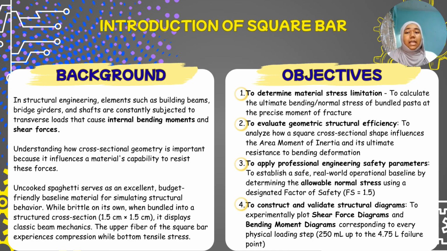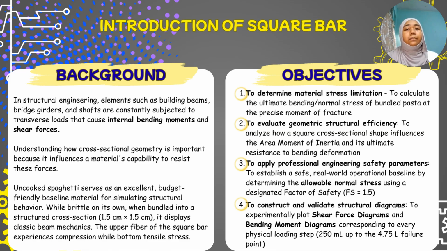This uncooked spaghetti serves as an excellent, budget-friendly baseline material for simulating structural behavior. While it is brittle on its own, when we bundle it into a structured cross section, it displays classic beam behavior, with the upper fiber of the square bar experiencing compression stress while the bottom part experiences tensile stress.